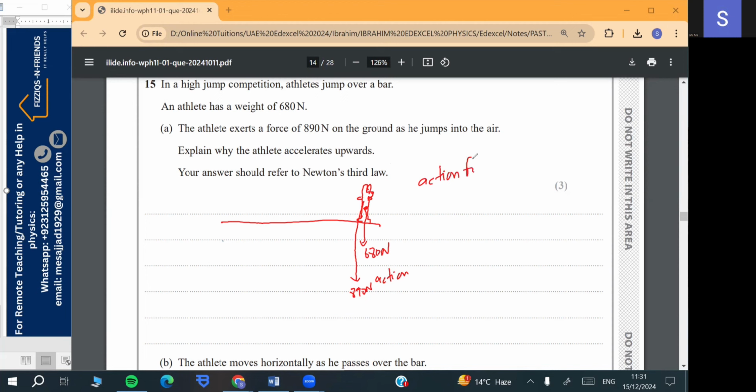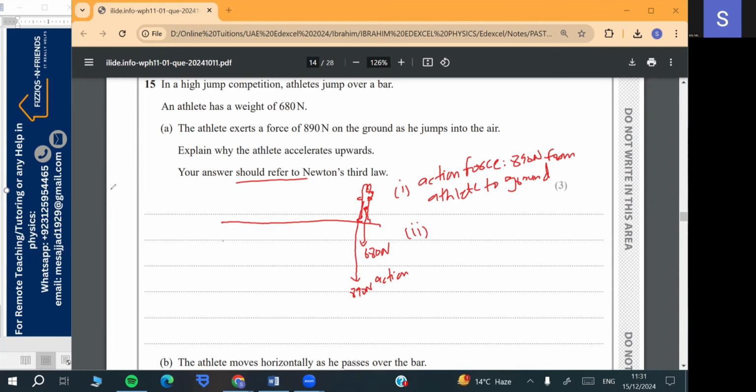Because we have to refer to Newton's third law. So the action force is 890 Newton from athlete to ground. Ground or earth, you can say ground.